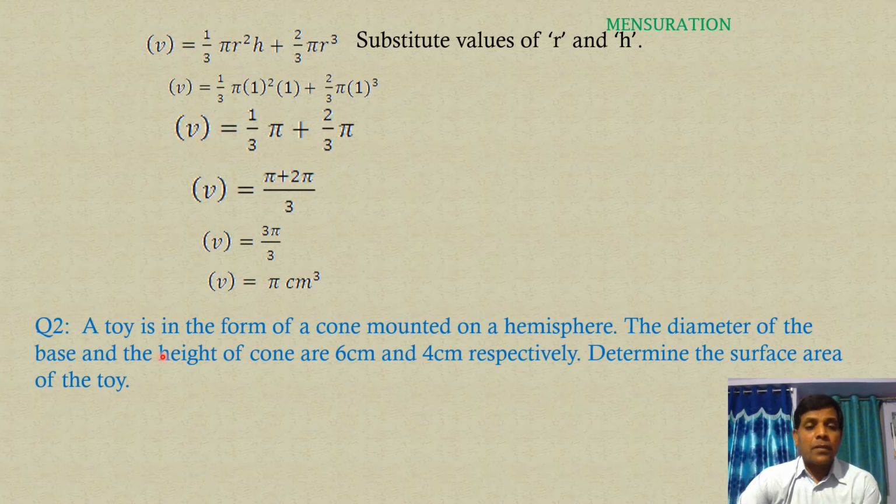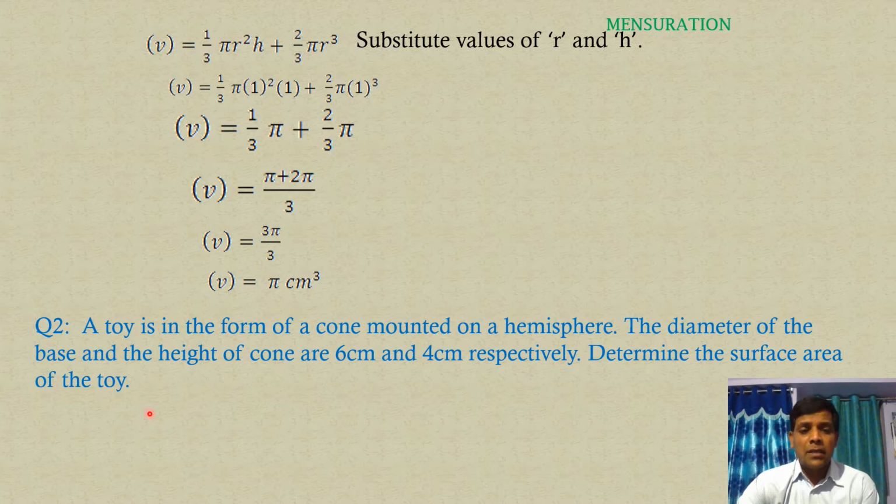Second one, question number 2. A toy is in the form of a cone mounted on a hemisphere. The diameter of the base and the height of the cone are 6 centimeters and 4 centimeters respectively. Determine the surface area of the toy.